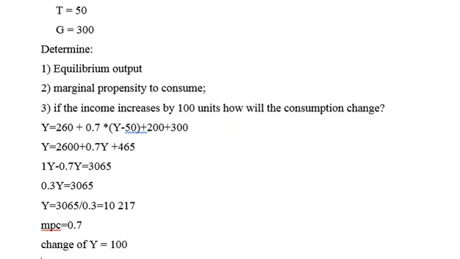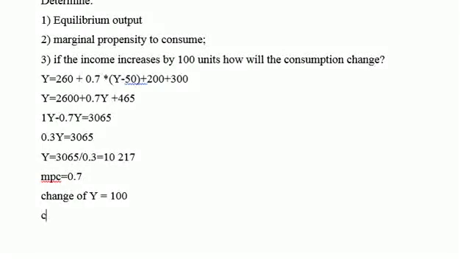So the change of consumption equals the change of income multiplied by our marginal propensity to consume, and it's going to be 70. So with the growth of income by 100 units, we will have a growth of consumption by 70.